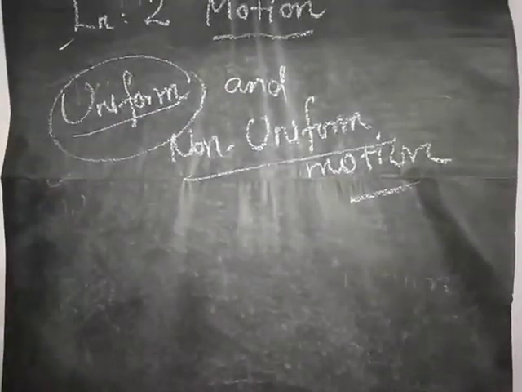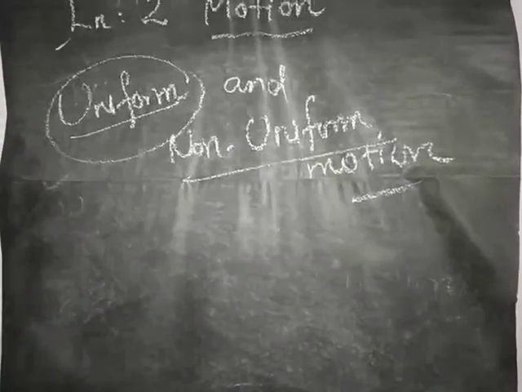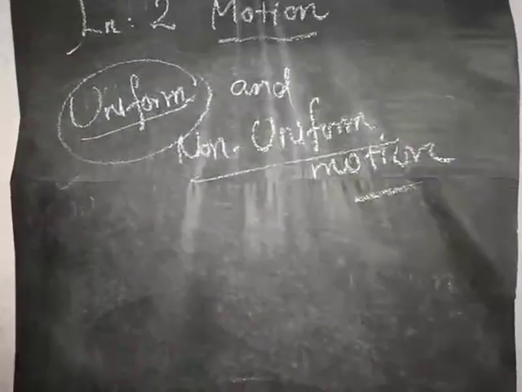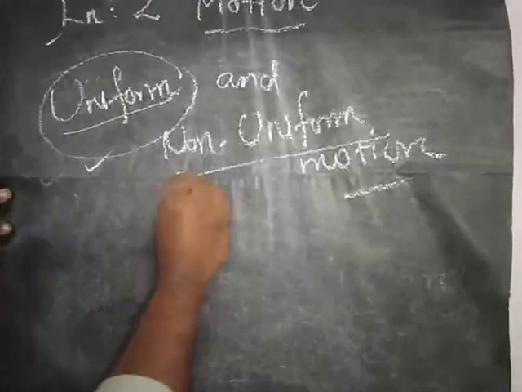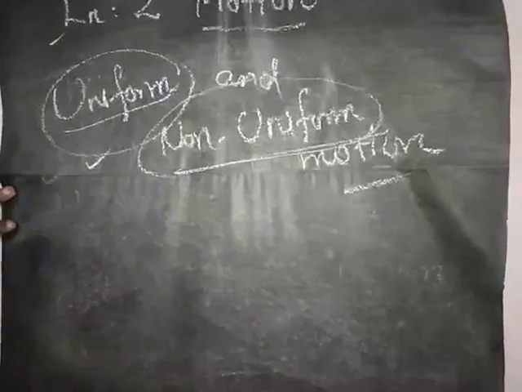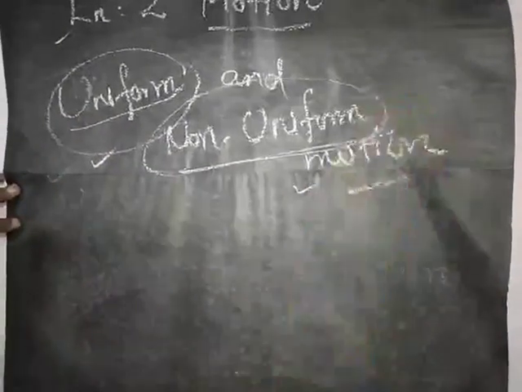If an object covers a particular distance in a particular time, that is called uniform. Non-uniform means it will cover different distances in different times. It is called non-uniform motion.